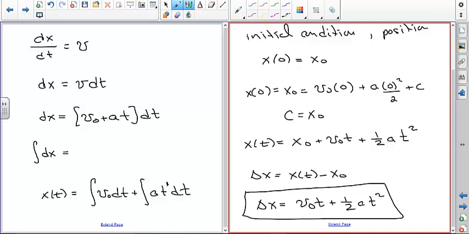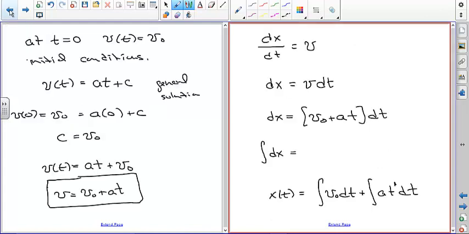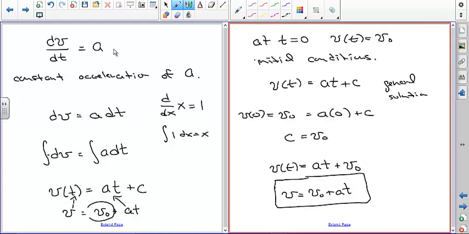So, if you take calculus-based physics, the only difference is that you may be given an acceleration which is not constant. So instead of dv/dt being just a, it may be some function of t. And therefore you have to do a slightly more complicated integral.